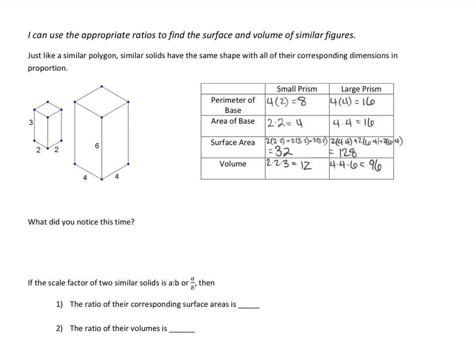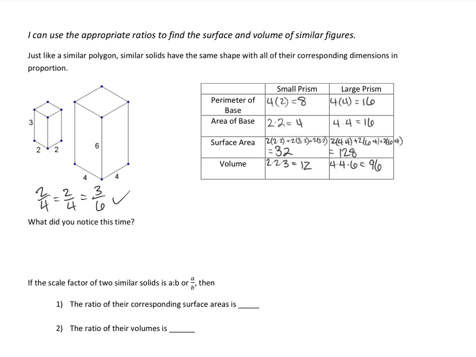We could take a moment to determine that these two figures are similar by comparing their corresponding side lengths. And we'd find that the ratio of 2 to 4 is the same as the ratio of 2 to 4 is the same as the ratio of 3 to 6. So these two figures are similar.